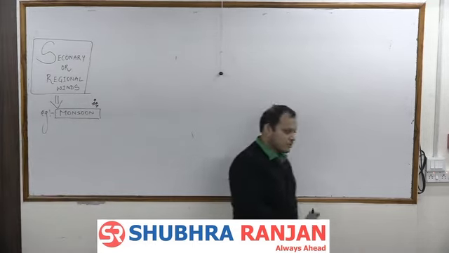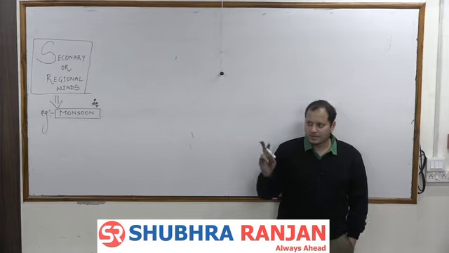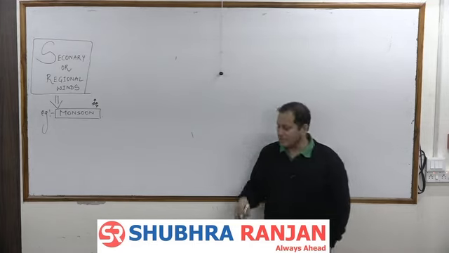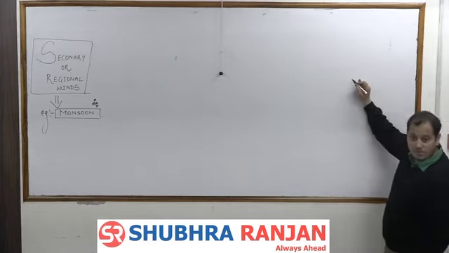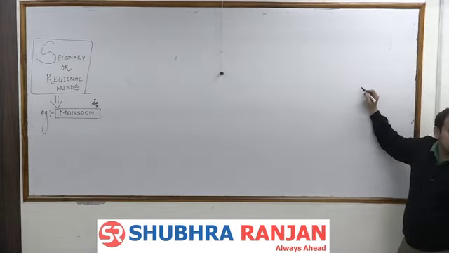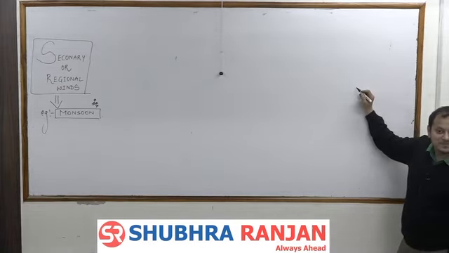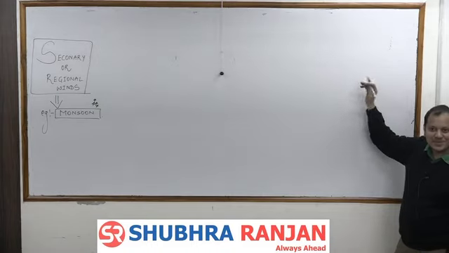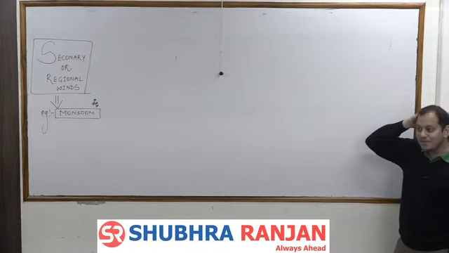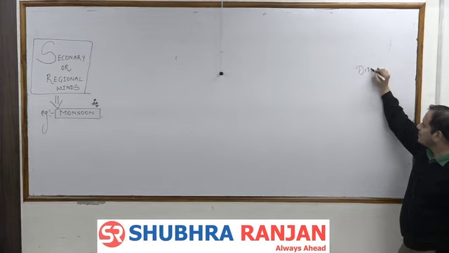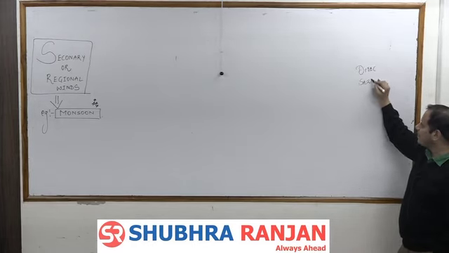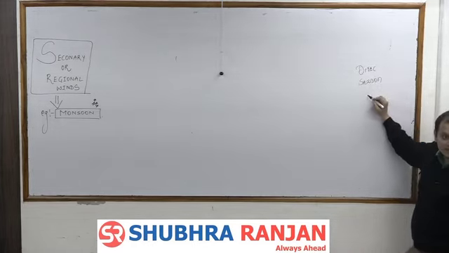So monsoon. What do you understand by monsoon? सबसे पहले क्या है monsoon? What is monsoon? What is your idea of monsoon? Season. Any other? Monsoon मतलब क्या आता है आपके इसमें?